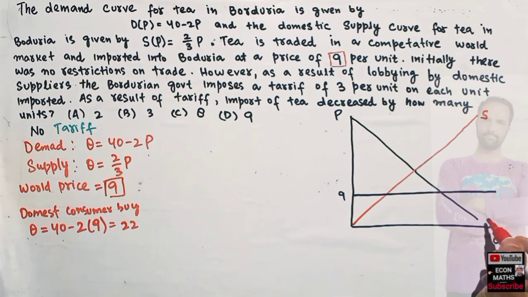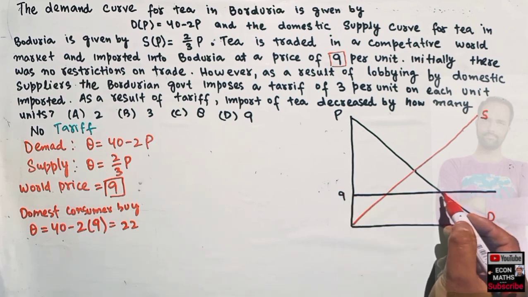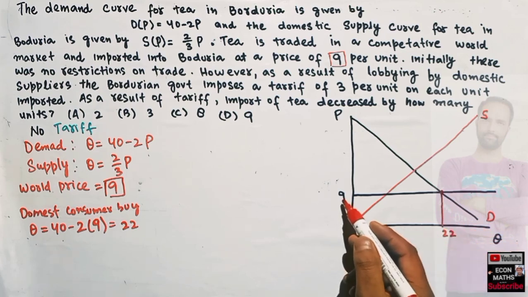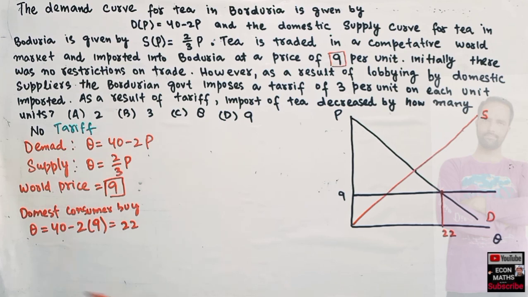So demand at world price of 9 comes out to be 22.